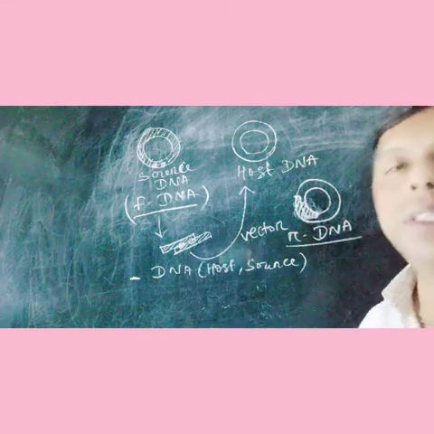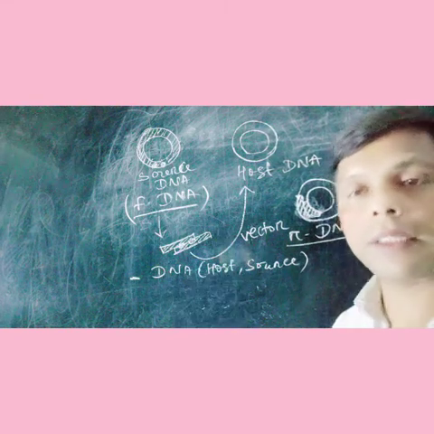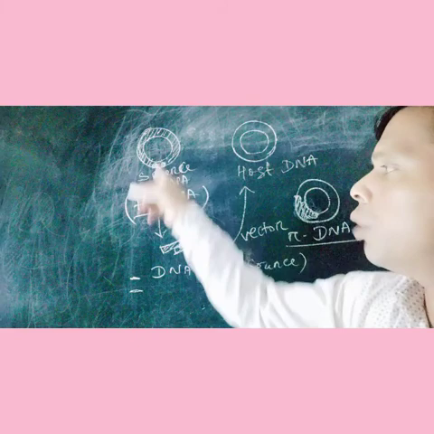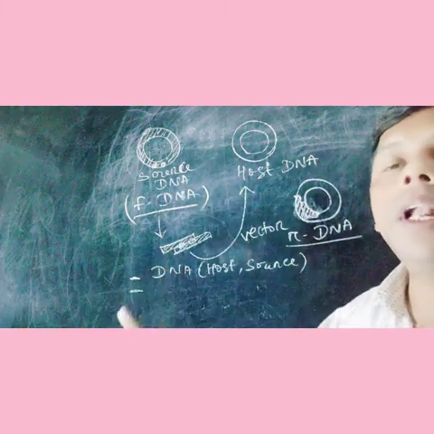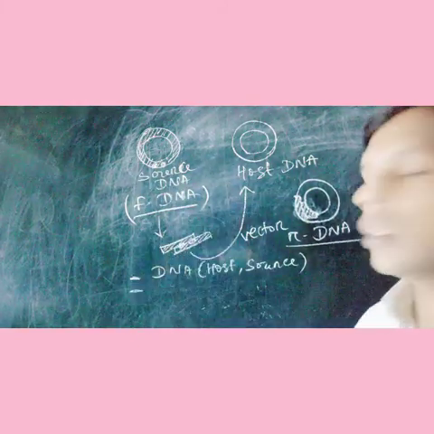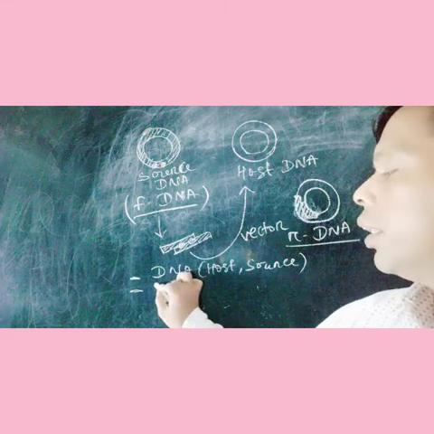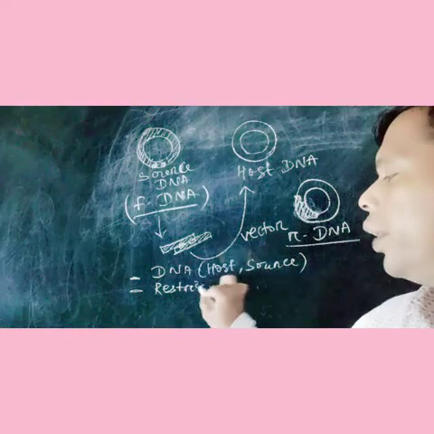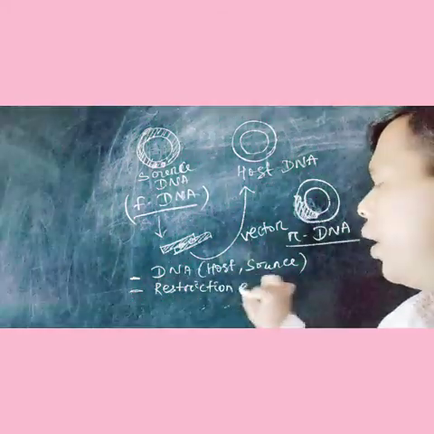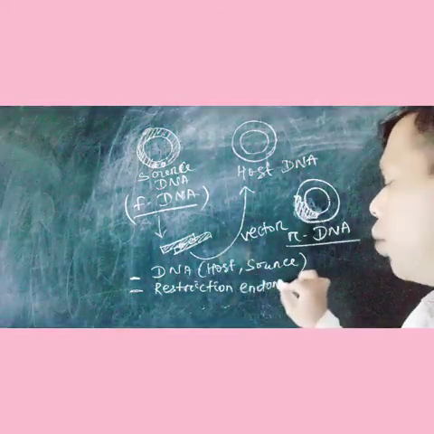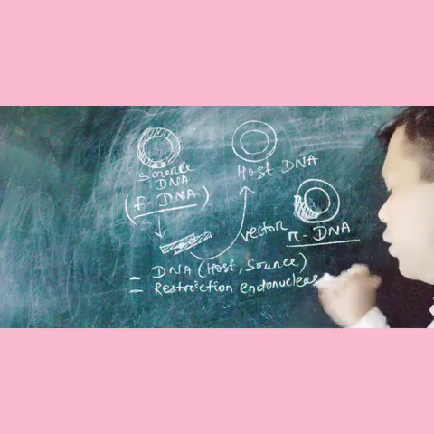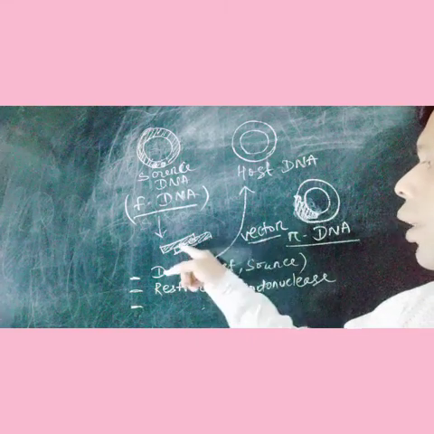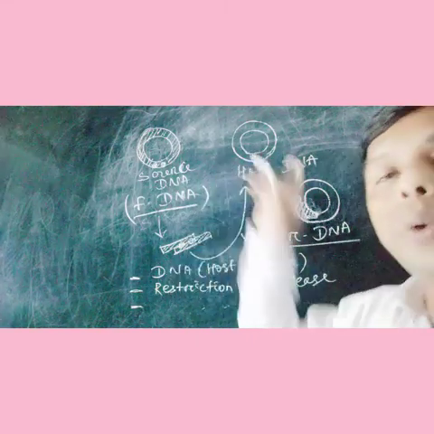The second is for cutting the DNA. We need a molecular scissor, that is the restriction endonuclease enzyme. The third is a vector, which will transport this segment to the host.